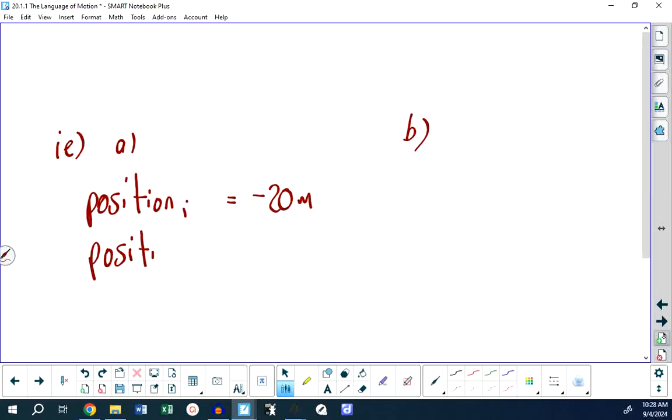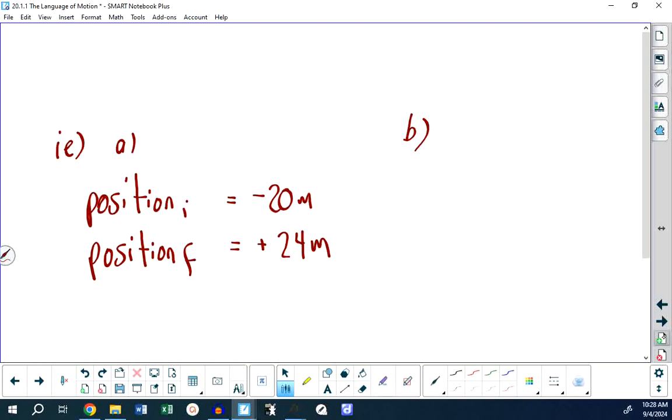You have a situation, it doesn't matter what we're talking about here. It could be a kitten or whatever. Bumblebee. An object has an initial position at negative 20 meters and its final position is 24 meters, positive.